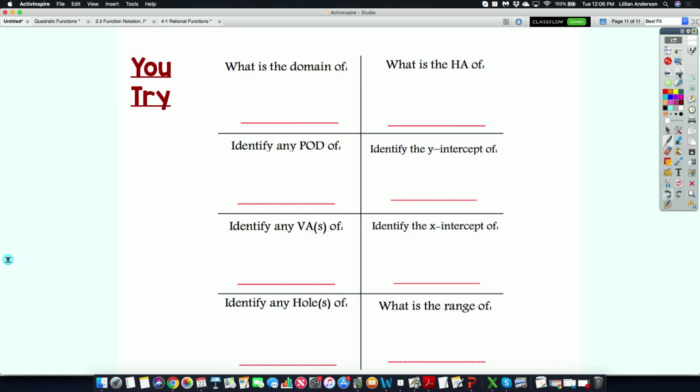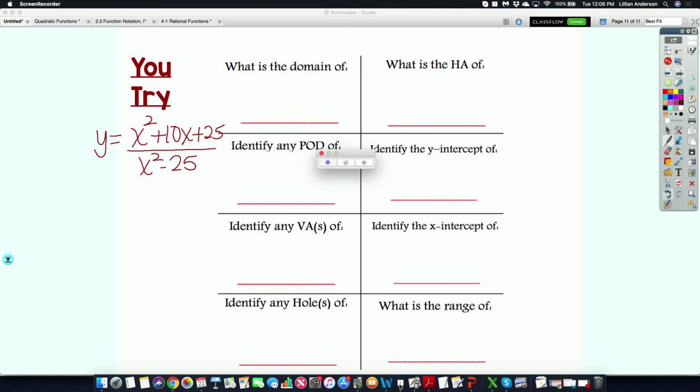All right, I want you to try this one. I want to give you a rational function, and I want you to find all the information, okay? Here it is. Y equals (x squared plus 10x plus 25) all over (x squared minus 25). I want you to find all the information: domain, horizontal asymptotes, points of discontinuity, vertical asymptotes, holes, y-intercepts, x-intercepts, and the range.